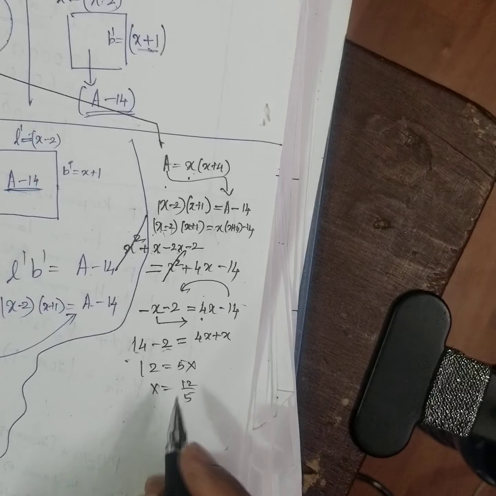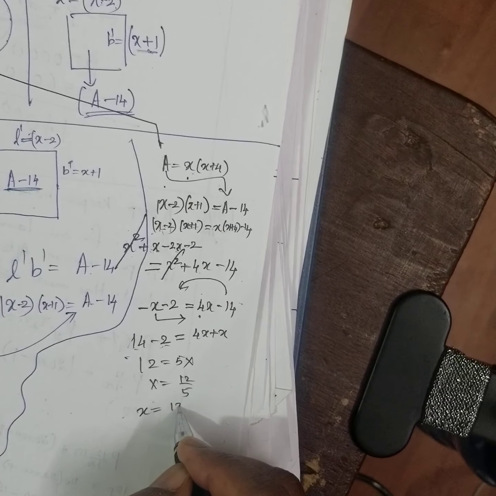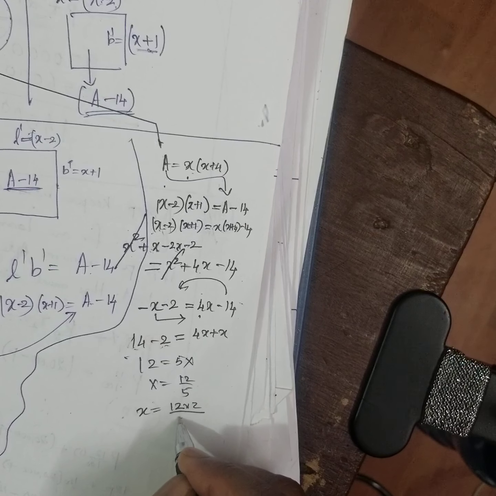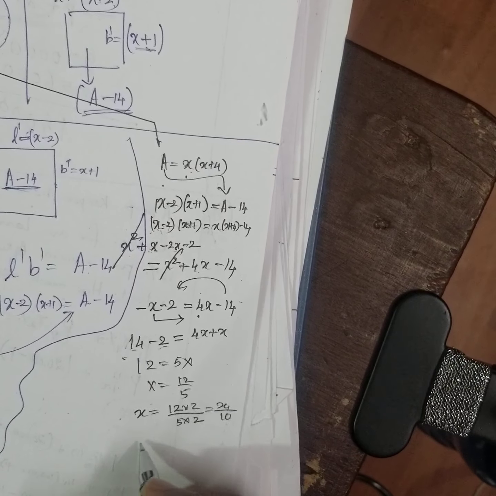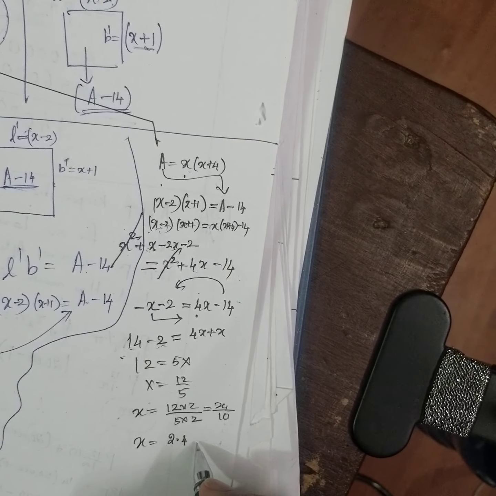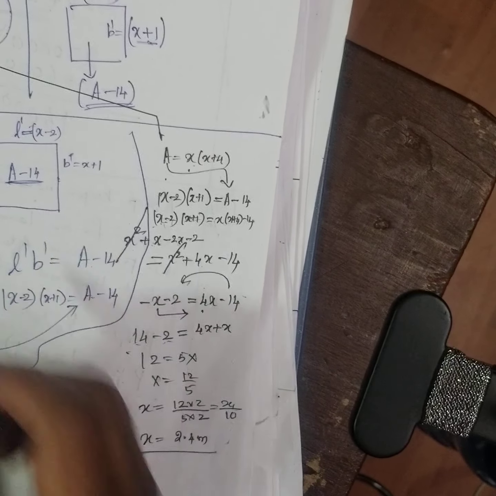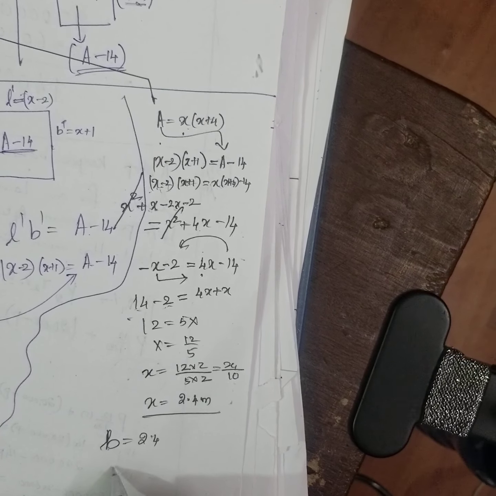We are right. X is equal to 12 by 5, which is 24 by 10, so x is equal to 2.4 meters. Breadth is equal to 2.4 meters.